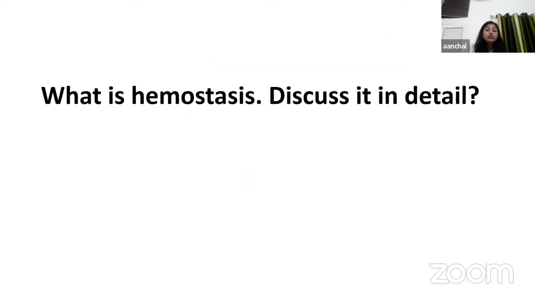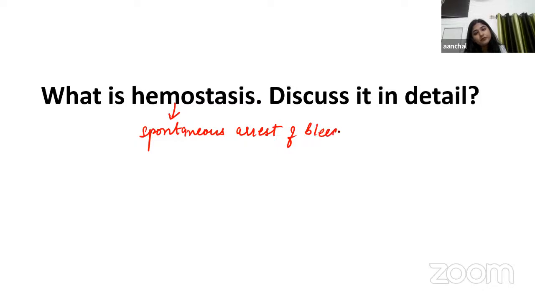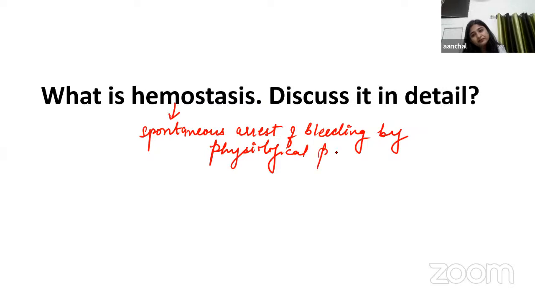First, you need to answer what is hemostasis. This is the spontaneous arrest of bleeding by physiological phenomena. Or we can also call it the arrest or stoppage of bleeding, right?